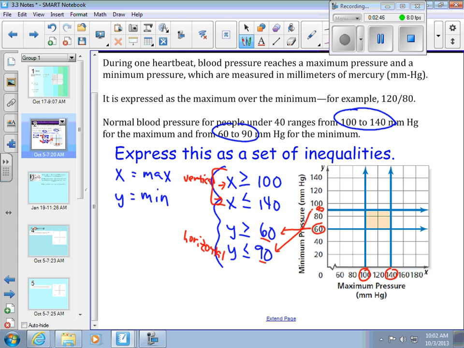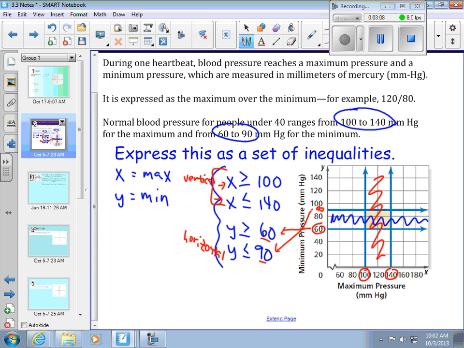So once you have them all graphed, then what we're going to be doing is shading, because remember with these ones you have to shade. So the shading for the vertical lines would happen in between. The shading for the maximum would be shaded in between as well, because they have to be between there.